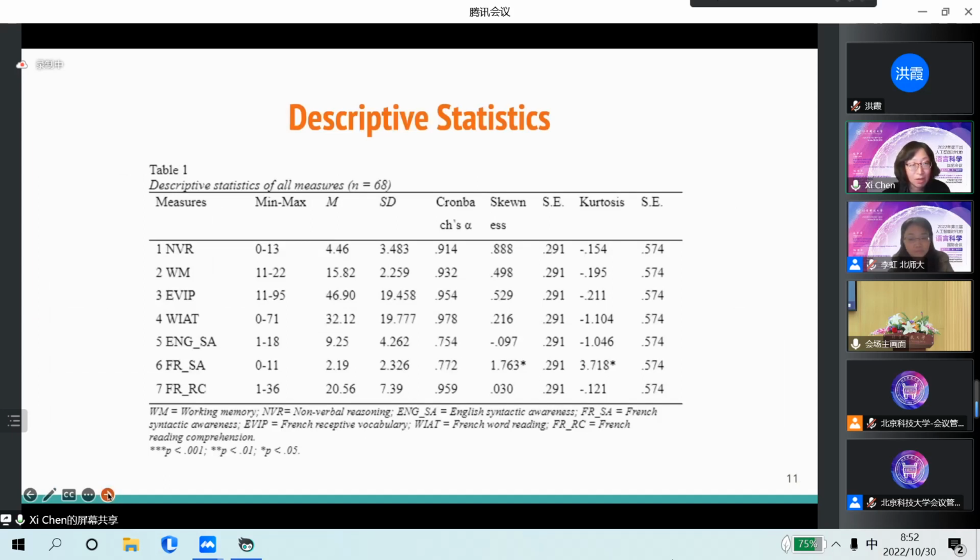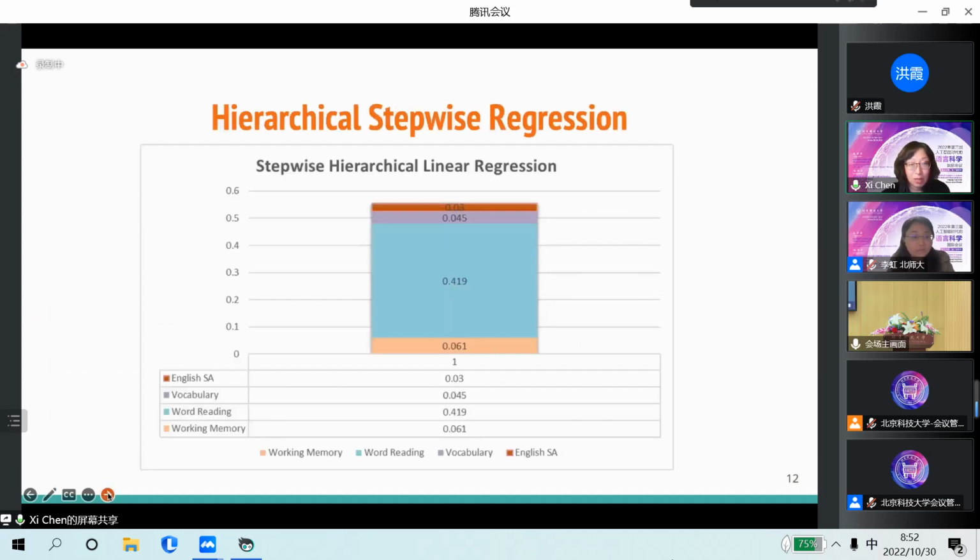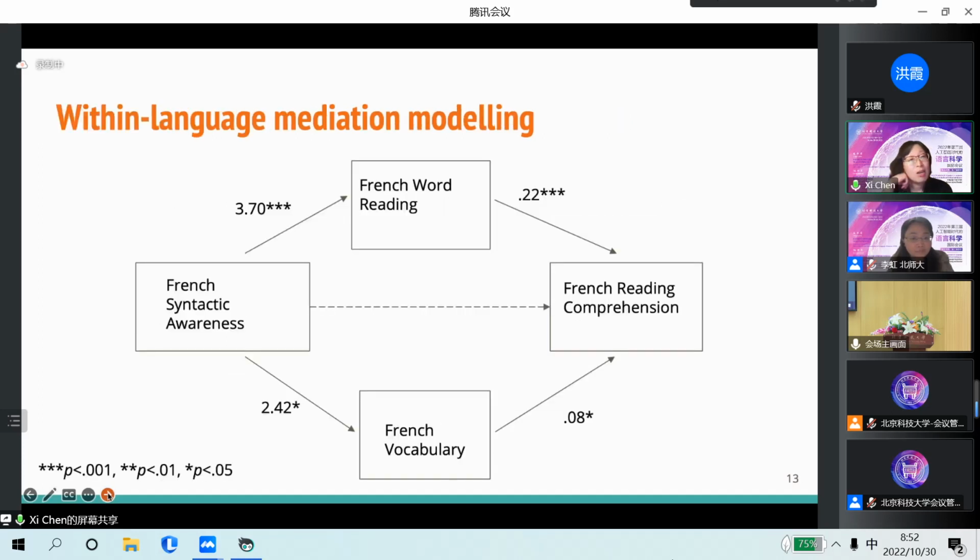Okay, so these are means and standard deviations. I'll skip that for the sake of time. I'll talk about the results quickly. I'll skip some slides. If you have questions, please feel free to contact me. So basically, we found that within French, French syntactic awareness was not predictive of French reading comprehension, so there was no direct effect.